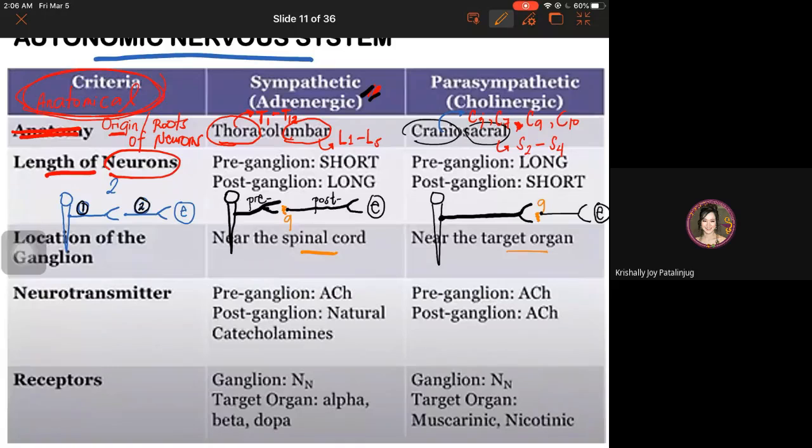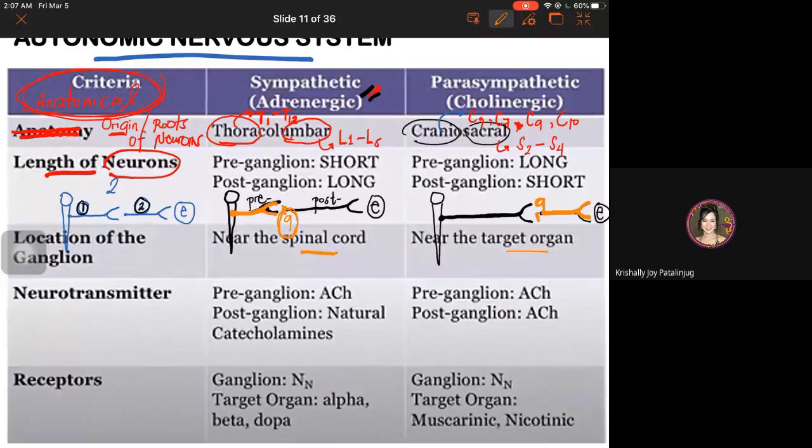So for the sympathetic nervous system, the ganglion is actually near the spinal cord, knowing that the preganglion is shorter. Diba? It is a preganglion that is near the CNS. Therefore, the ganglion here would be malapit sa spinal cord. Kasi shorter yung preganglion for sympathetic nervous system. Whereas for parasympathetic nervous system, you have a shorter postganglion.